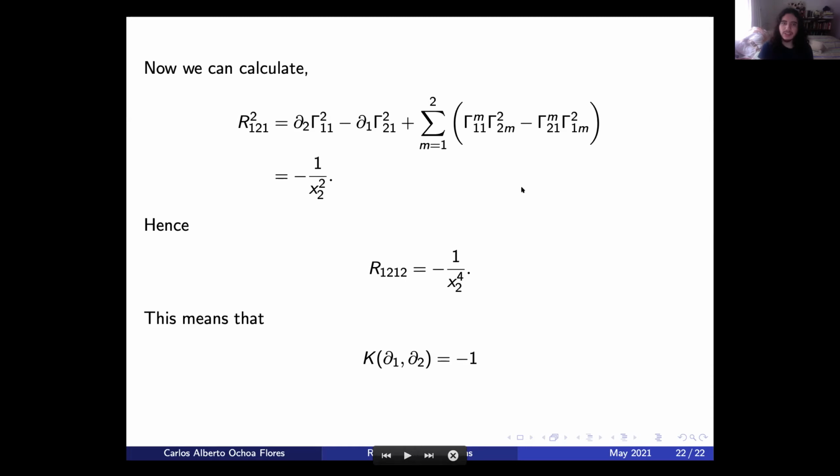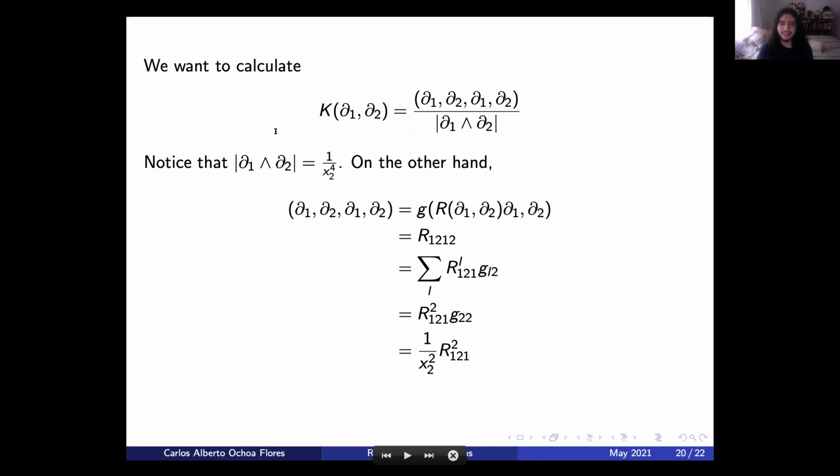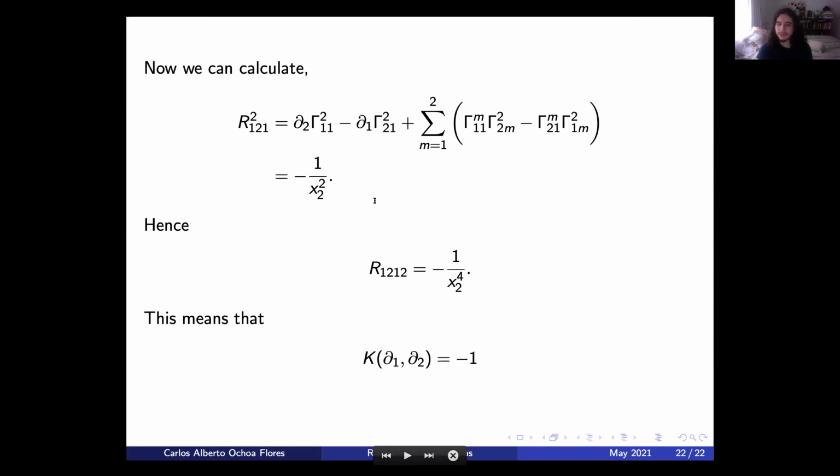So those two cancel, and we are left only with this term that has this value, and hence the component of the 0,4 tensor field has this value because we multiply by the other 1 over x2 to the square. So we obtain this, and then to calculate the sectional curvature, we simply divide this by this that we had calculated before, and that leaves us with a -1.